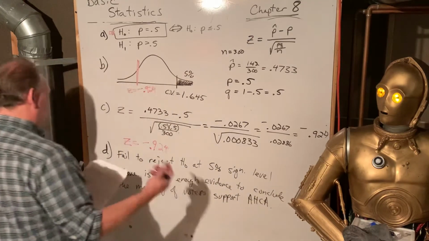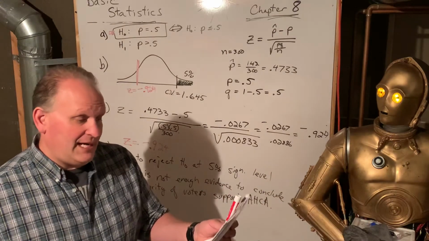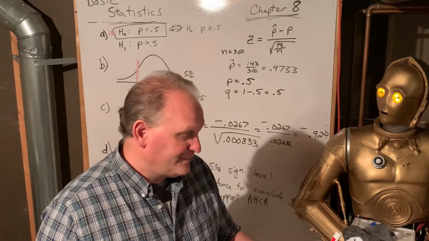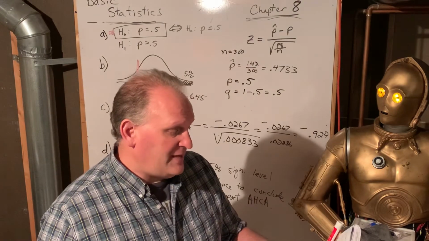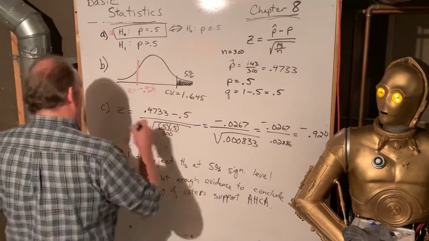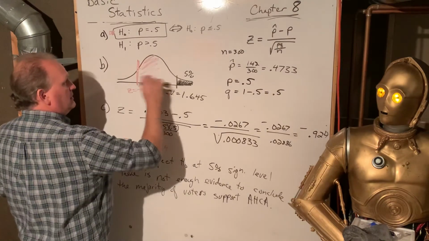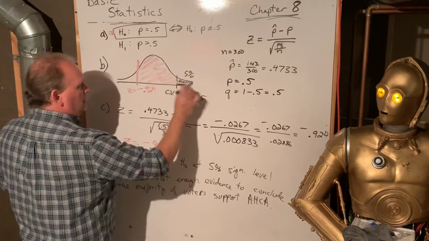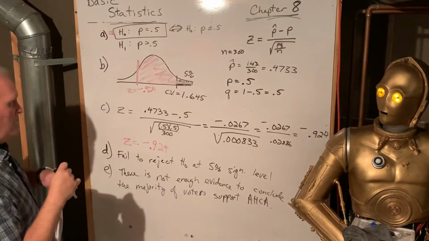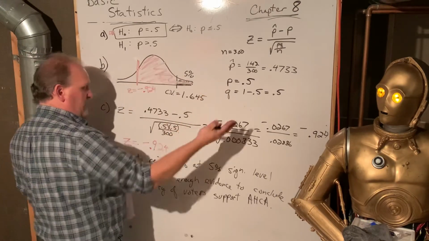All right? So now it says, let's find the p-value. For the p-value on this one, we want this shaded area. So it's from here above, because of the greater than sign. It was a one-tailed test, but our test statistic ended up in the negative realm, so it's greater than 50%.